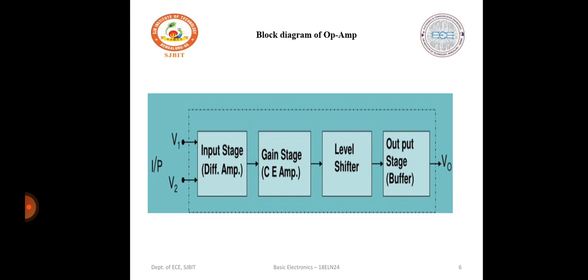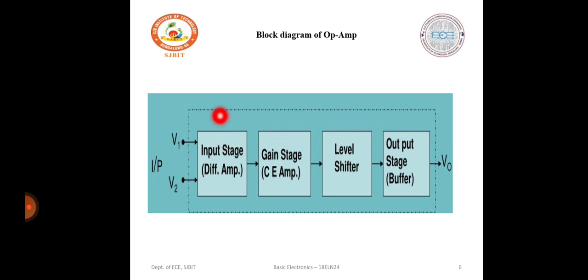Now let us study the architecture or the block diagram of the IC MUA741. The block diagram of an op-amp is as shown here. The first block of the op-amp consists of a differential amplifier, which amplifies the difference between the two input signals, V1 and V2.